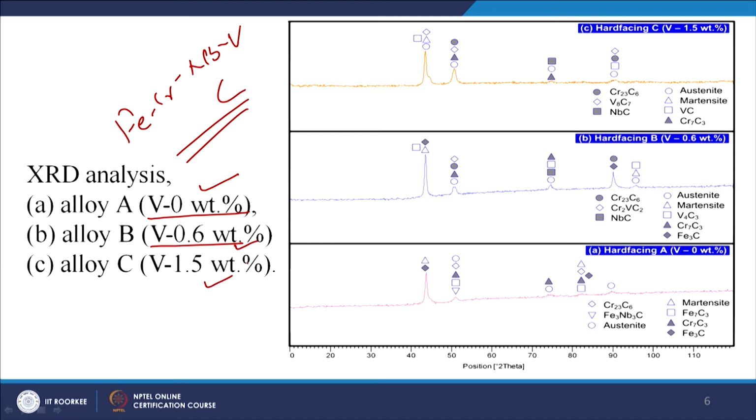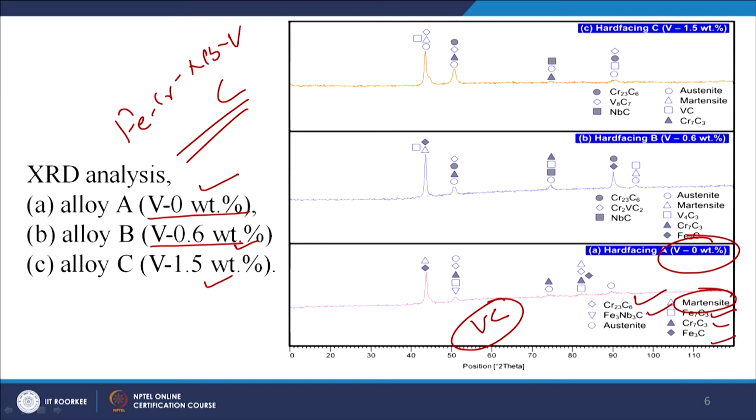So, what happens when the vanadium content is increased in terms of the various phases which are present? If we see, when there is 0% of the vanadium, there is no vanadium carbide formation. Rest of the alloying elements are forming their carbides, and that is what we can see, the presence of the various carbides.